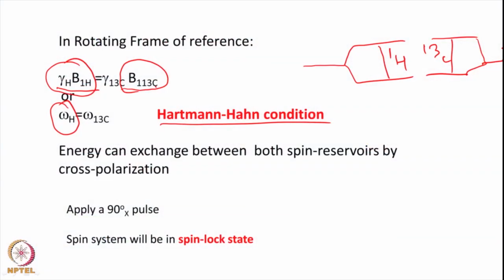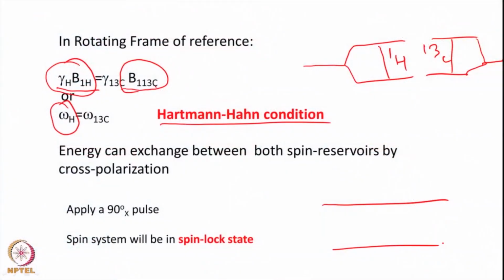This matching condition is known as the Hartmann-Hahn matching condition, and it leads to polarization transfer between proton and carbon. So, energy exchange will happen between both spin reservoirs by something called cross polarization. Polarization is coming from proton to carbon 13, therefore it is called cross polarization.